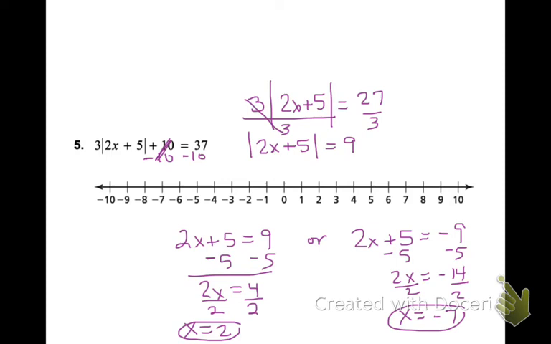We have a minimum value of negative 7. Let me see if I can do this, watch this, negative 7 and 2. There we go. So we can put those two dots on the number line.